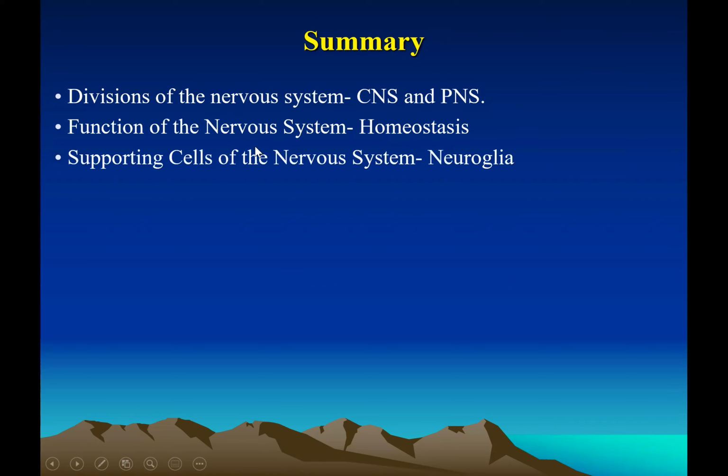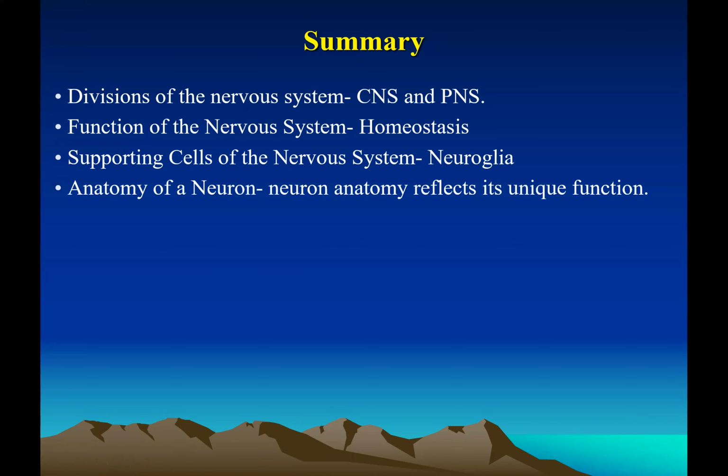We studied that the neurons can't function by themselves. The neurons are the cells that conduct the electric impulse or the action potential, whereas the neuroglia are the helper cells. Central nervous system has the ependymal cells, oligodendrocytes, microglia, astrocytes for the blood-brain barrier. They are very important for the health of the nervous system because they are maintaining the environment of the neuron. They are the supporting cells of the nervous system.